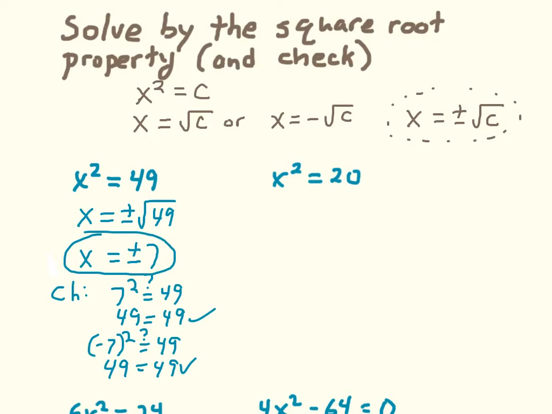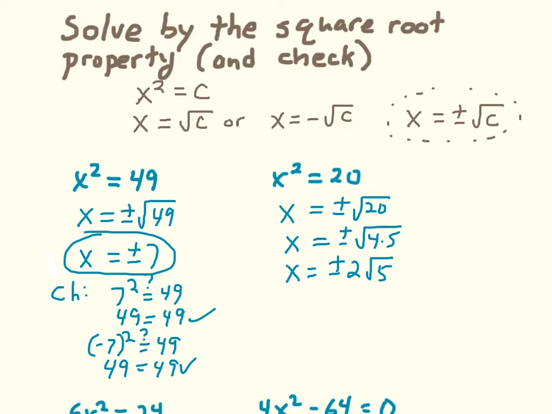This next one I have x squared equals 20. And so I'm going to say x has to equal the positive or negative square root of 20. I want to simplify that radical. Remember how we'll do this? 4 times 5. So x will equal plus or minus 2 root 5. So I can check this one.